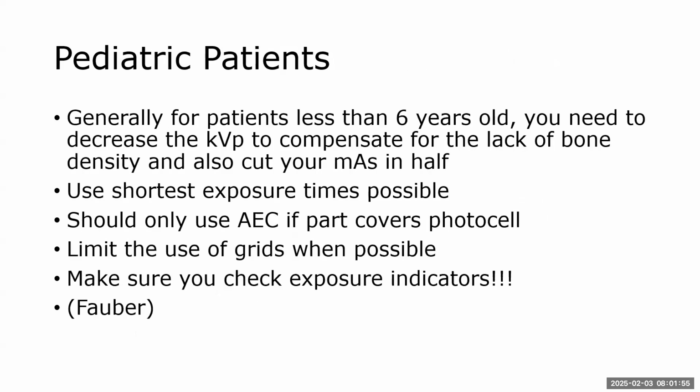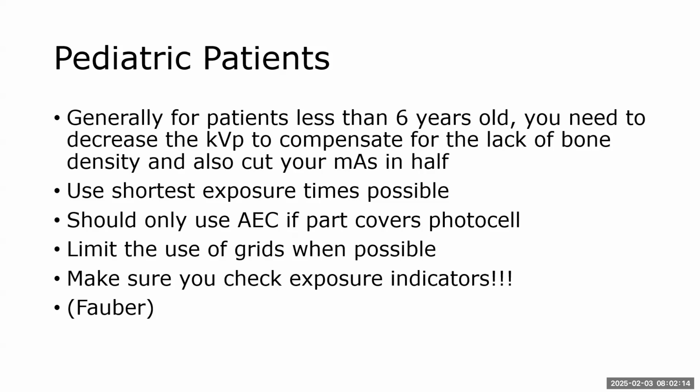So let's look at some individual situations where you will have to make some adjustments to what's given on your APR. If it's a pediatric patient, generally for patients less than 6 years old, you need to decrease the kVp to compensate for the lack of bone density and also cut your mAs in half.